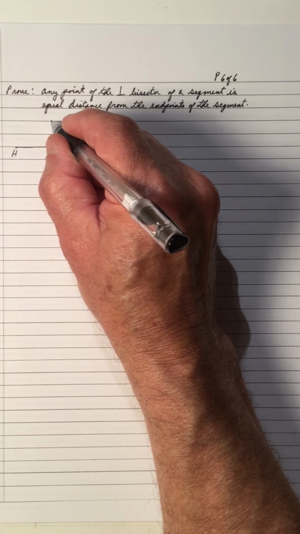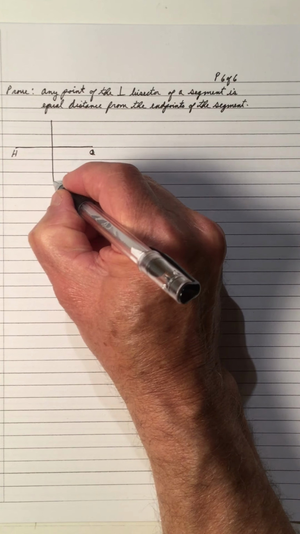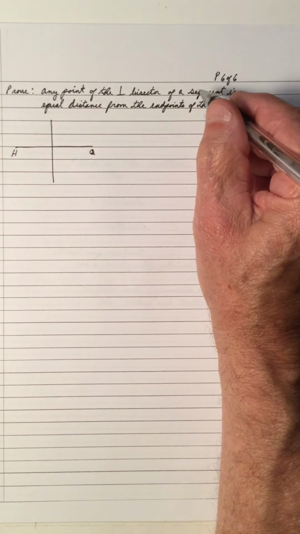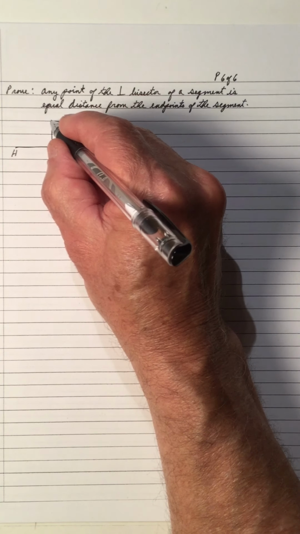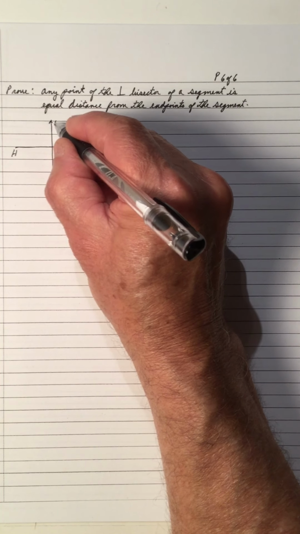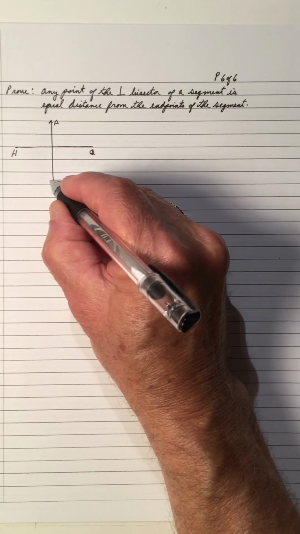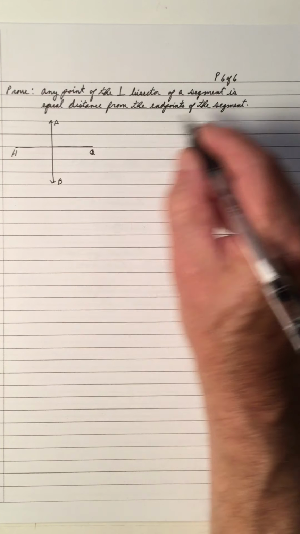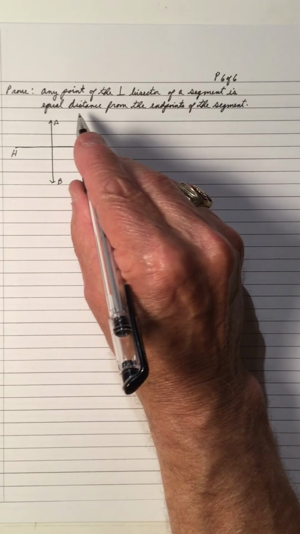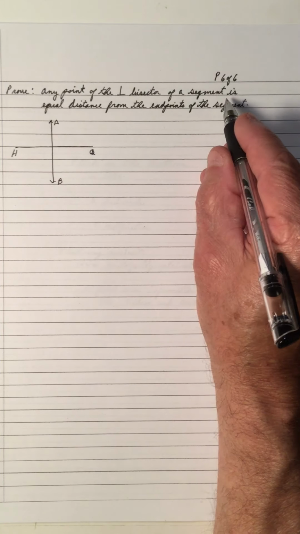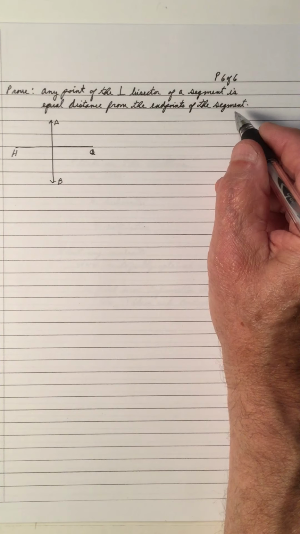We'll draw the perpendicular bisector down here, and we'll name this A, and we'll name this B.